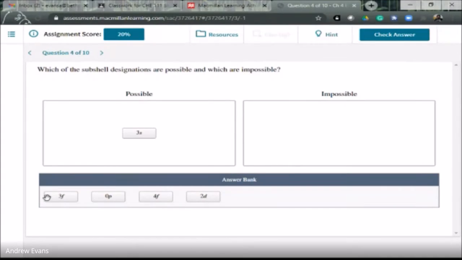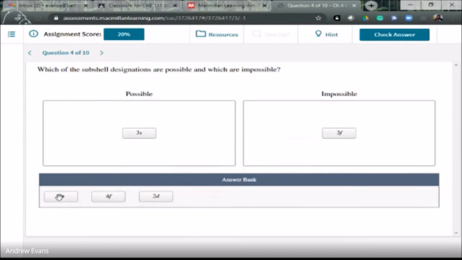Possible? No, because shape 3 is not available until you get to row 4. Where do the lanthanides and actinides show up? Row 6, but it's row minus 2. So 3f is physically impossible.